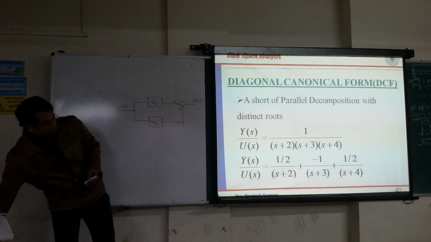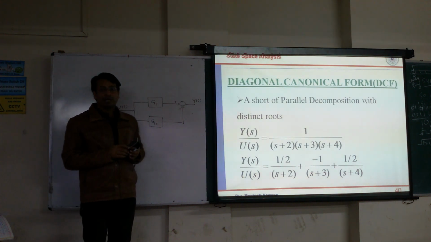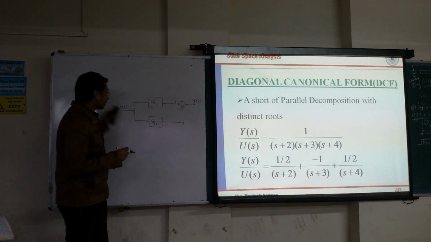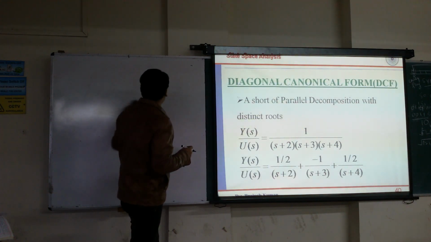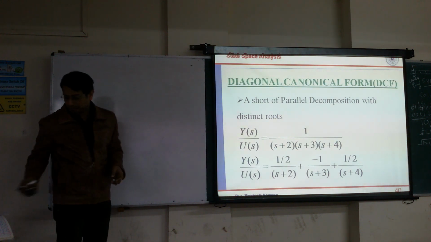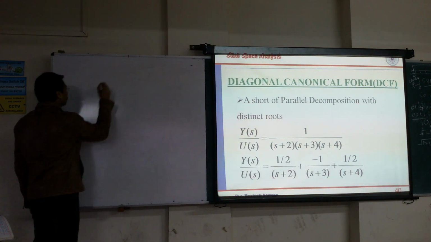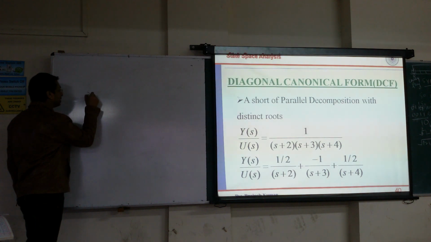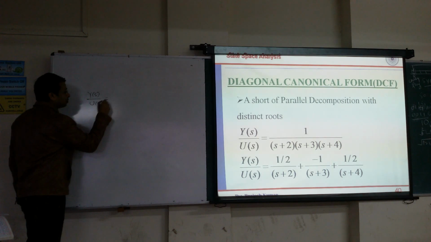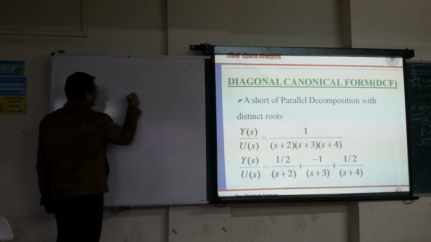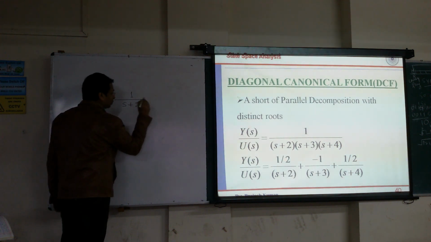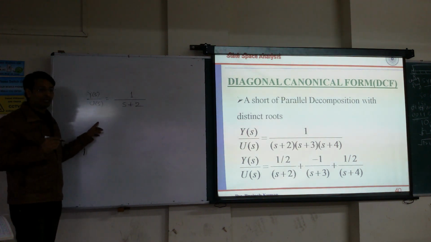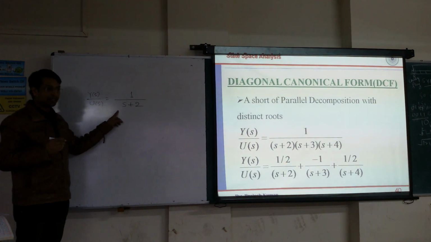So let us start first with 1 by 2 upon s plus 2, correct? Forget the numerator 1 by 2, it is just a multiplying factor. So I am going to start with, say, Y(s) upon U(s) equal to 1 upon s plus 2, and now you want to realize this particular transfer function.